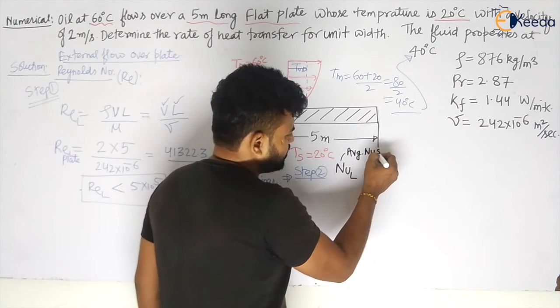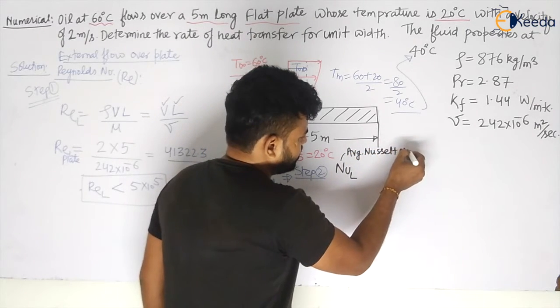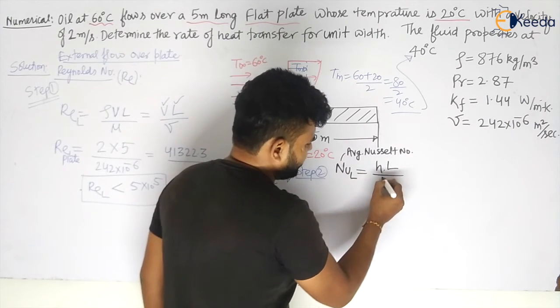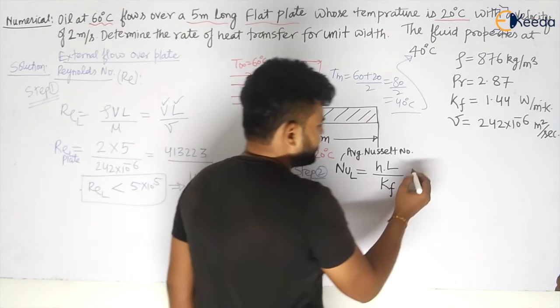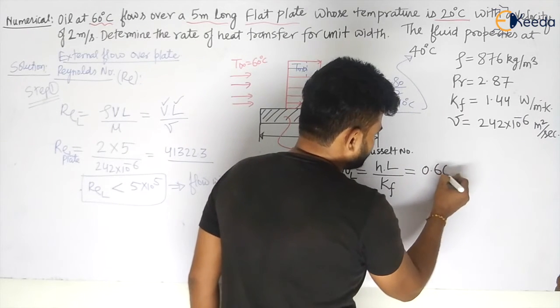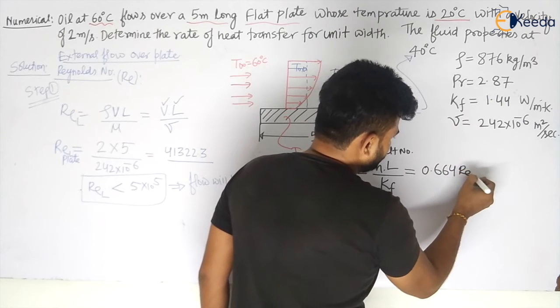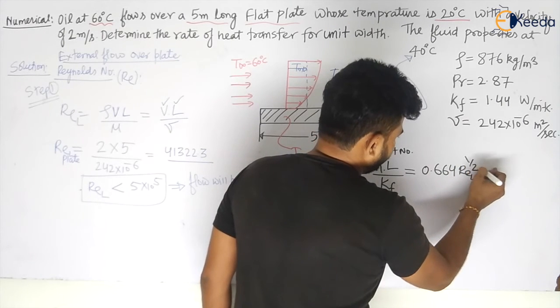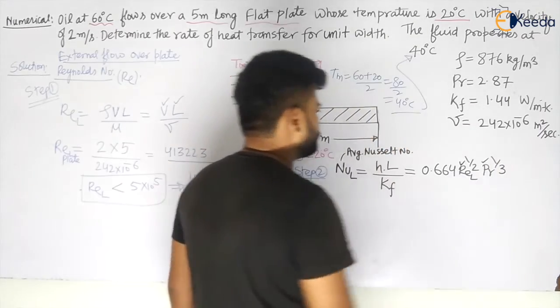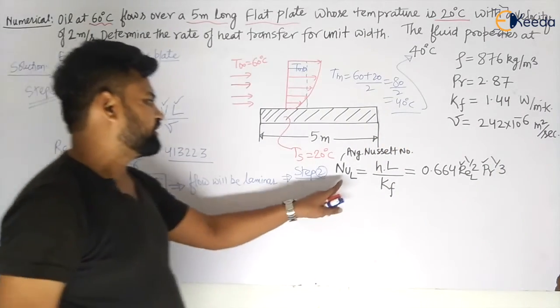It is given by hL divided by the conductivity of the fluid, which is equal to 0.664 into Re_L to the power half, and Pr to the power 1 by 3. Pr is given, Re_L you have calculated. So can I calculate the Nusselt number value?